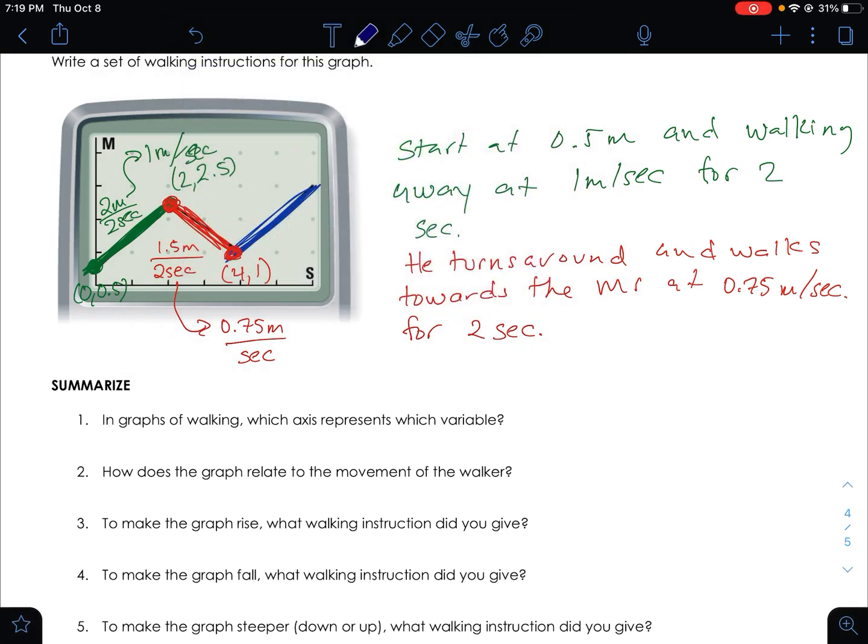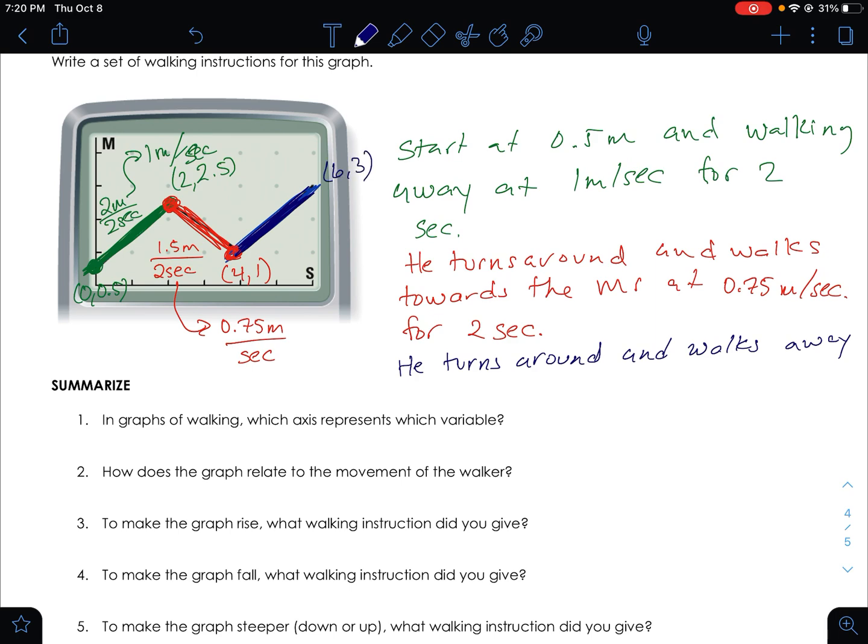Finally, this walker gets whatever he left wherever he left it, right here, and now he's going to start walking away from the motion sensor again. So he turns around and walks away from the motion sensor, and we have to figure out that speed. So he's at 4.1 and then he ends up at 6.3.